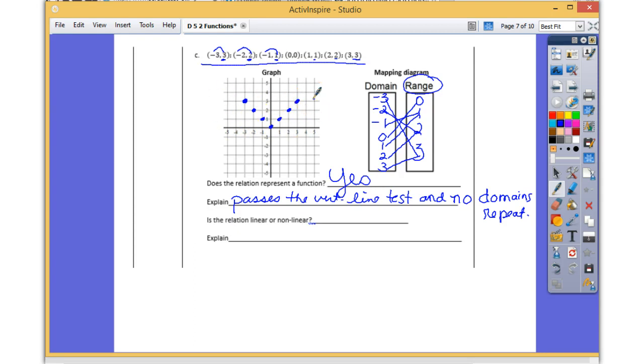But that doesn't matter. They can be on the same horizontal. It's just the vertical line test that they can't fail. Is this linear or non-linear? Non-linear, and why? Doesn't make a straight line.